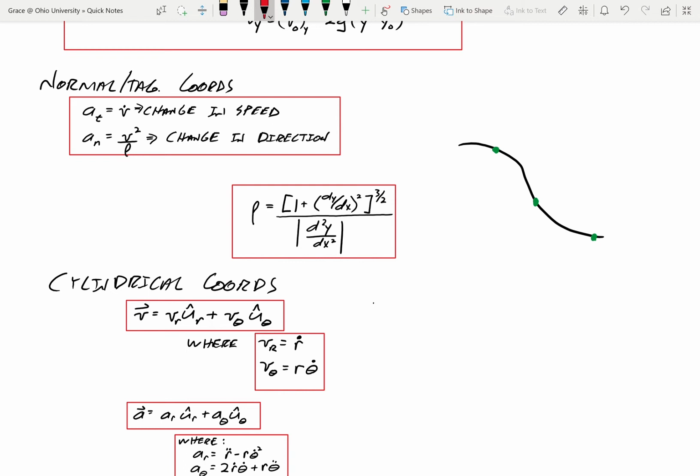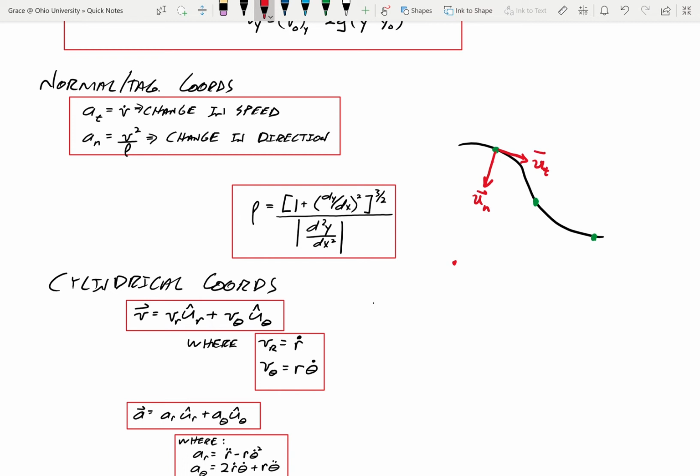As we are all very aware, normal just basically means that you're 90 degrees, right? If you look at some kind of reference curve in terms of its curvature, you're normal to that point. You are 90 degrees to that point. And then we also have tangent, which just means you're in line with that point.